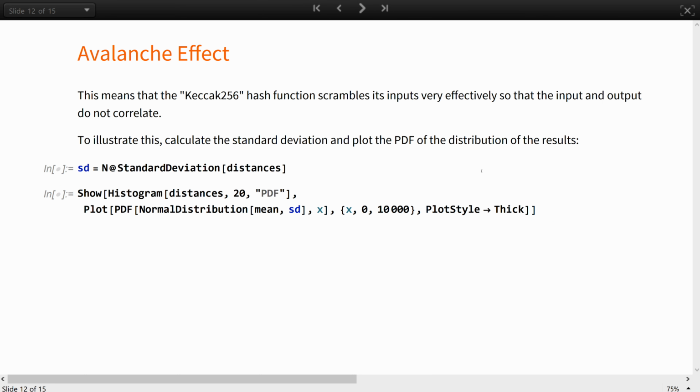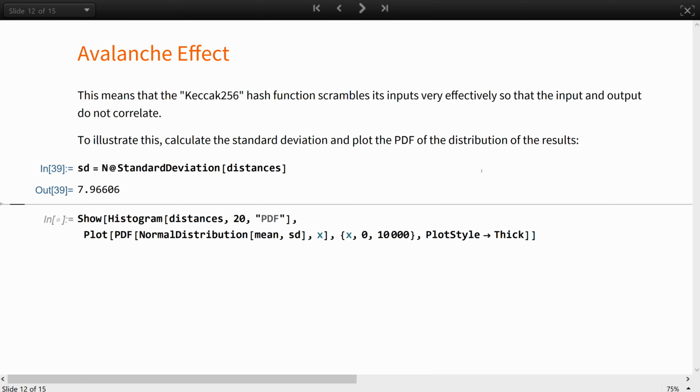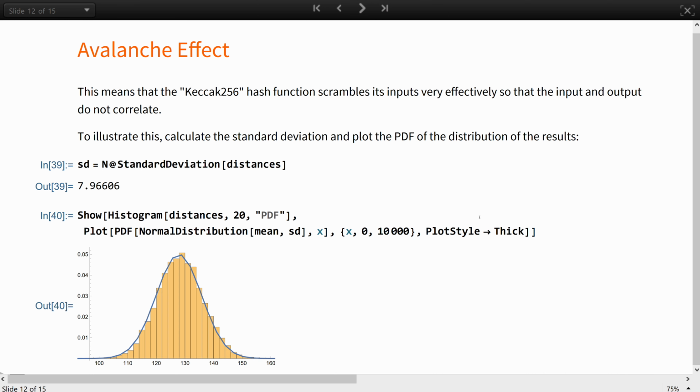This means that the Keccak-256 hash function scrambles its inputs very effectively, so that the input and the output do not correlate. To illustrate this, calculate the standard deviation and plot the probability density function of the distribution of the results. You can see that it matches a normal distribution with the mean around 128.